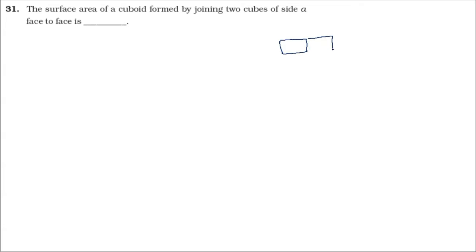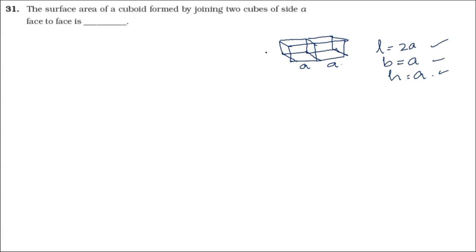There is one more cube here. So these cubes are placed side to side. The length becomes 2A. The breadth will be same as A units, and the height will be same as A units. So this will be the dimension of the cuboid so formed.